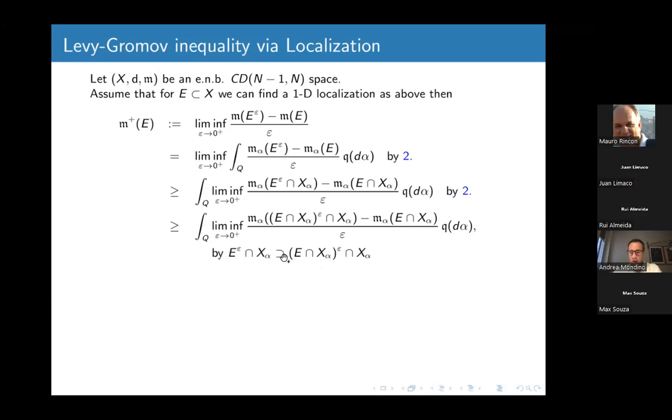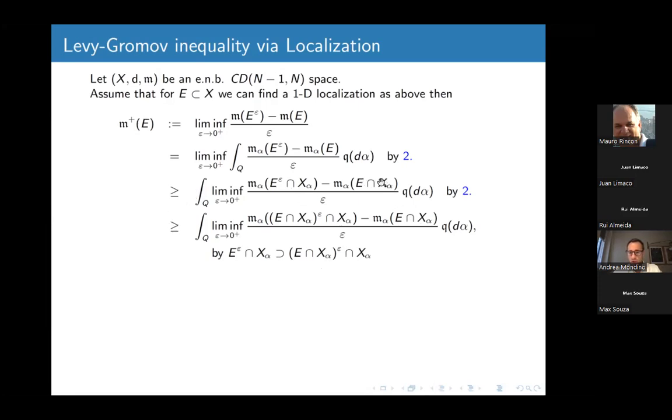This is just a one-line exercise in set theory. And so this set here is contained in this set here, and if I replace this with that, I go down and I have an inequality.